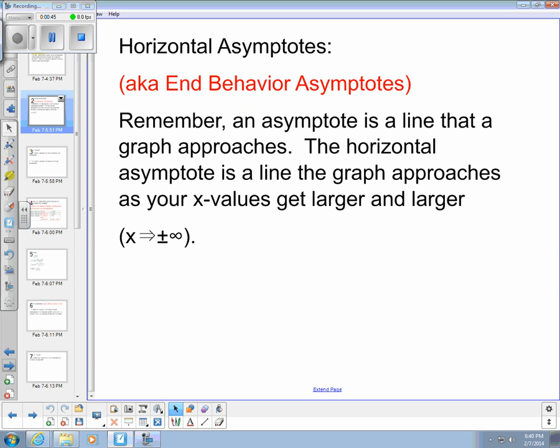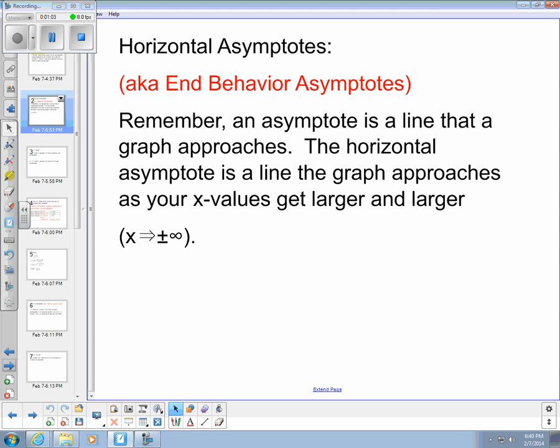Okay. So a rational function can have three different types of asymptotes. We've already talked about vertical asymptotes, which we found by setting the denominator of the function equal to 0 and solving. The other two types are horizontal and slant.